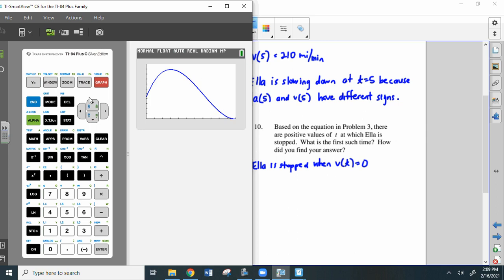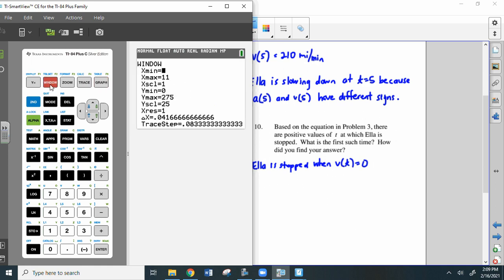Now, I might want to change my window, because it looks like it happens down here in the corner. So let's go down a little bit more. Sorry, I don't need to do that, that one can stay 0. Let's go a little bit further out in the x direction, maybe to 13, just to be safe.